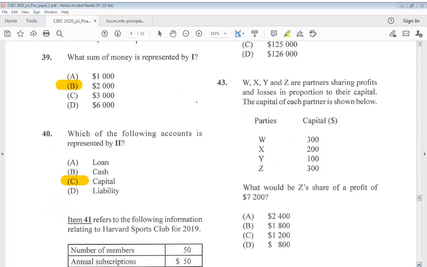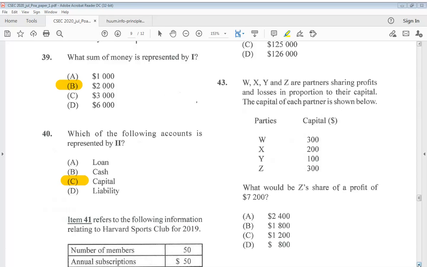So it says Z's share, so they are specific. First of all, we have to calculate the amount in total proportion. When we add all the capital, we actually get $900.